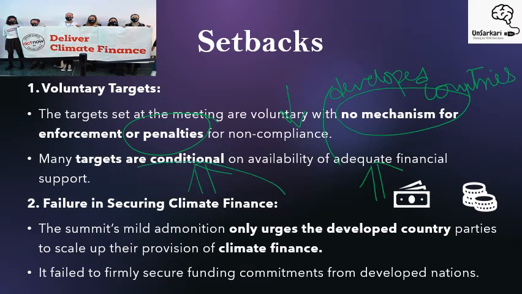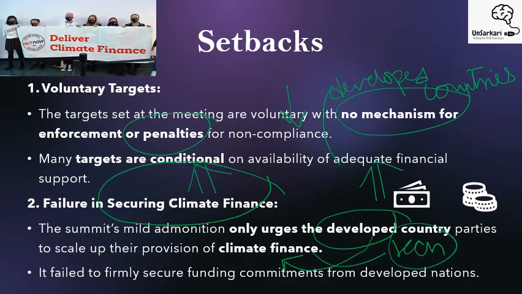Failure in securing climate finance. It is only able to push developed countries up to a certain extent. It is only requesting and urging developed countries to please provide adequate climate finance. Only finance will bring technology, and only technology will bring power for adaptation and, in the worst cases, mitigation.